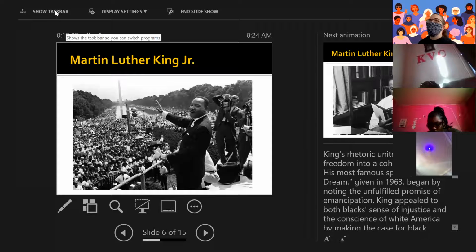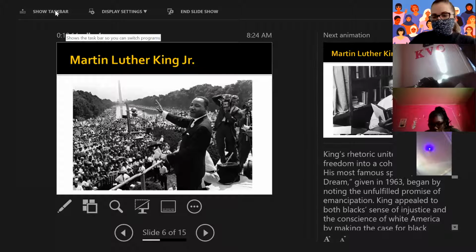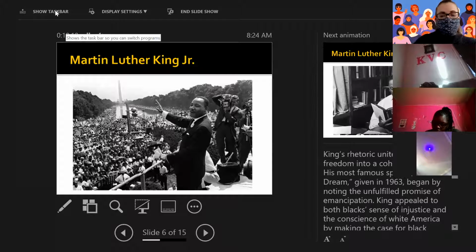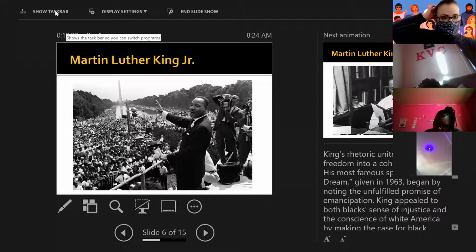Now we're going to zoom in on leader Martin Luther King Jr. Martin Luther King Jr. is most famous for his pacifist rhetoric.